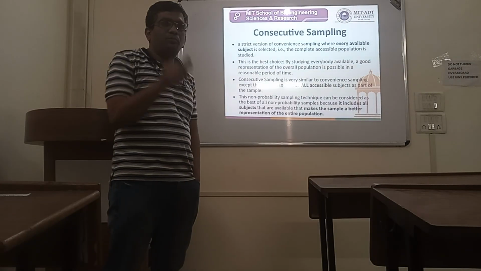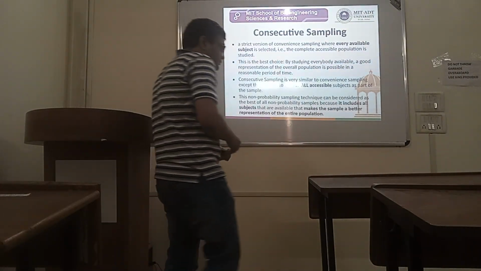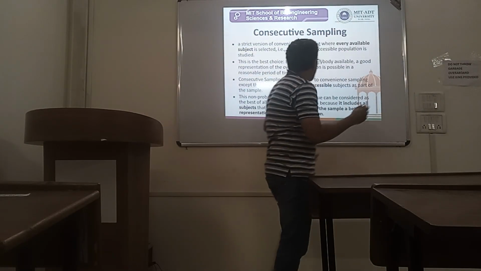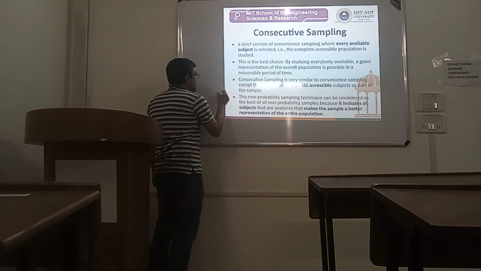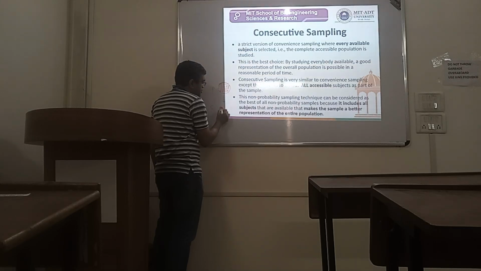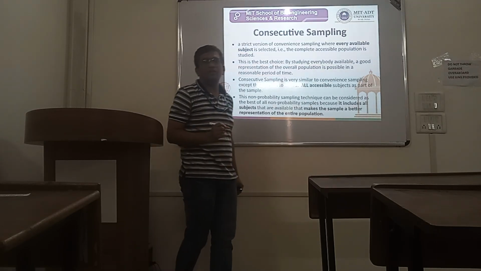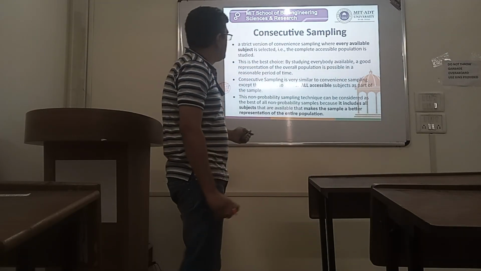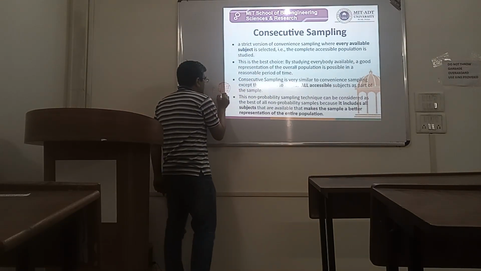You have a population at your hand. Let us denote the population as P, from which you are drawing a sample, a small s, which is a small subset of your population. You are going to consecutively sample all these individuals from the population one by one.